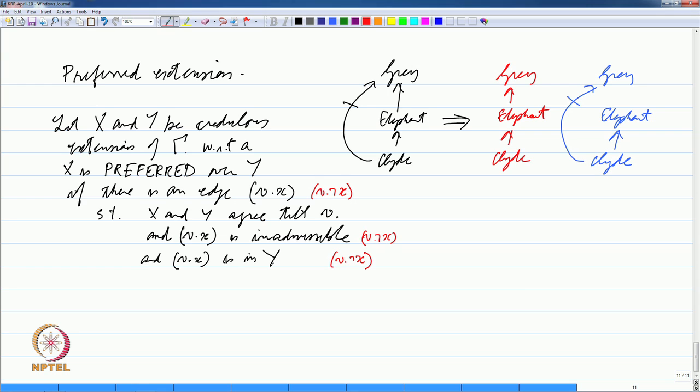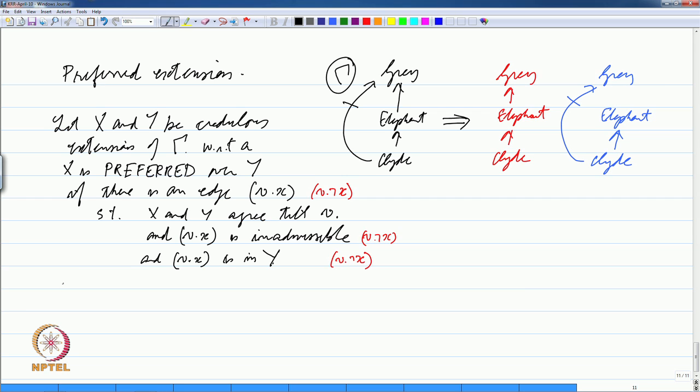So, what is the edge we are talking about in the example, and which extension is x and which extension is y? If you look at the original tau, this is tau, right, and these are the two extensions of tau essentially.